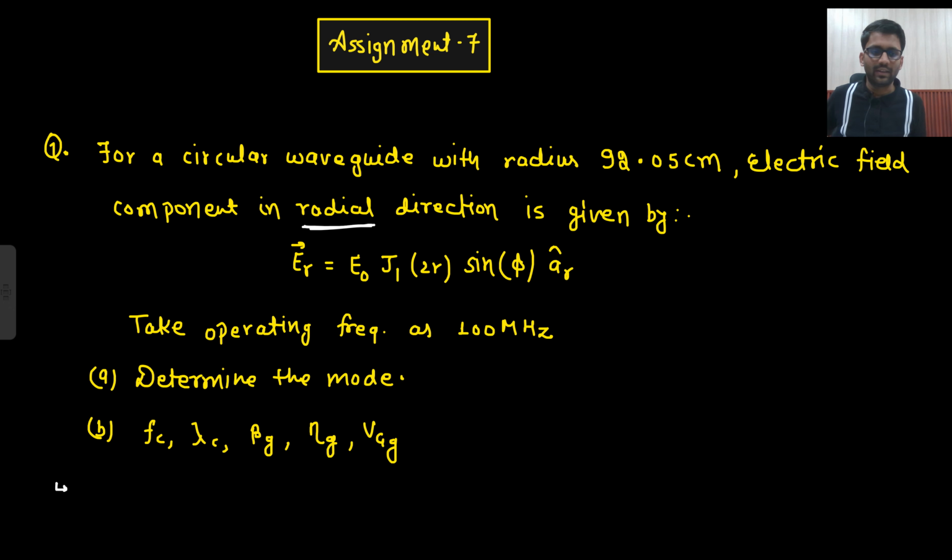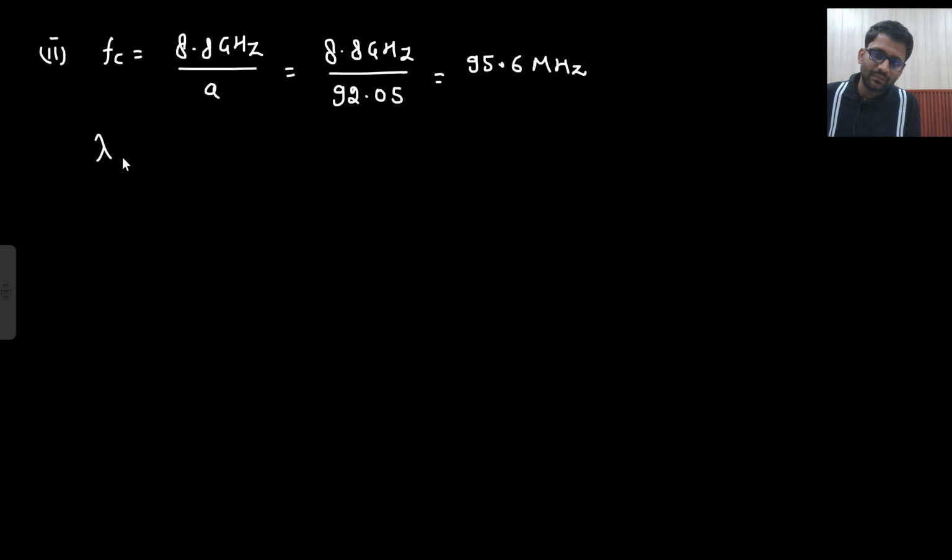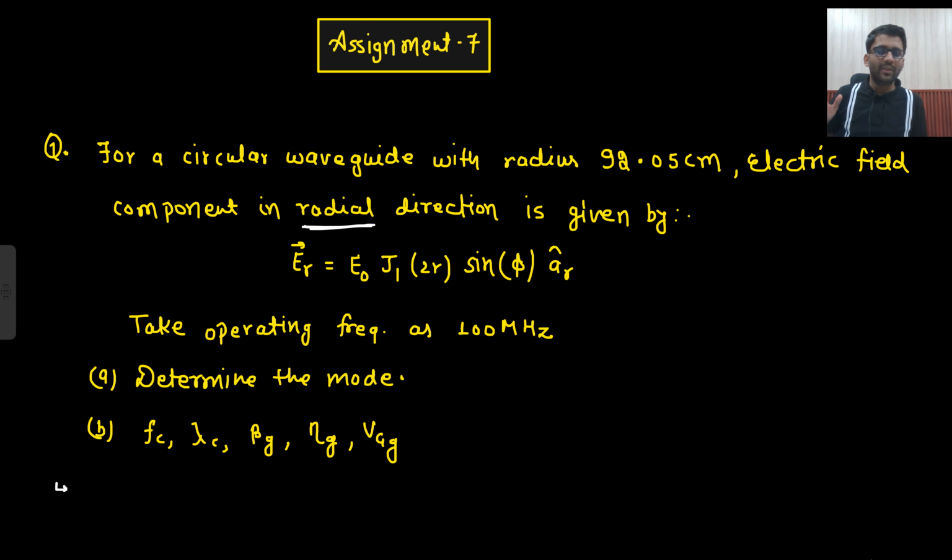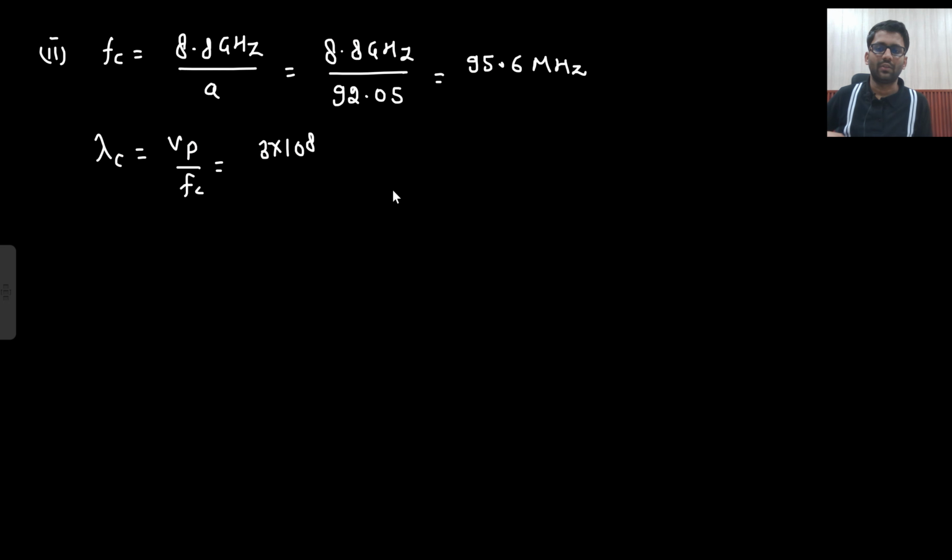What else are they asking? Lambda c. So lambda c is Vp by Fc, which is 3 into 10 to the power 8. Here I need to assume it as air-filled only. Here it should be given that it is air-filled, or an air-filled rectangular waveguide or circular waveguide.